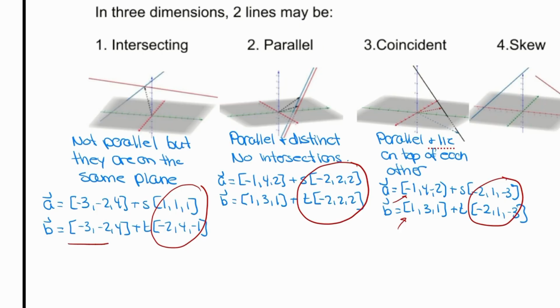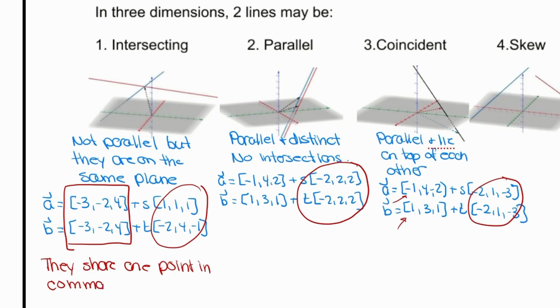But we can see here that they actually do share a common point. So they share one point in common. And just like in 2 dimensions, that's the point of intersection. There's one point of intersection.